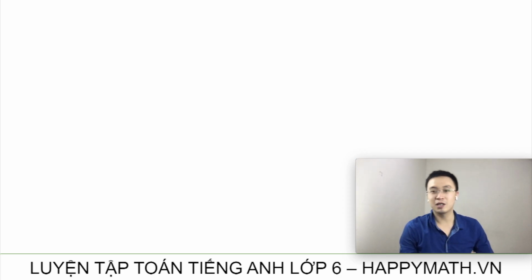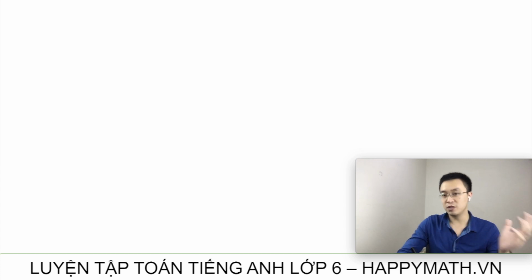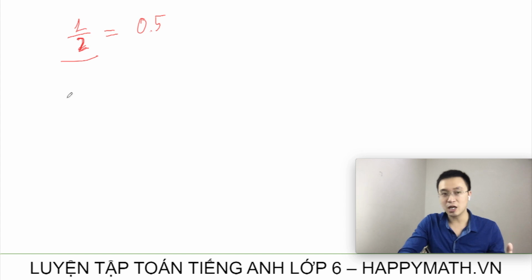In this video, we will learn about the percentage from the fraction. In the previous video we learned about the fraction, and sometimes you have a fraction like this. When we change this fraction to a decimal number, you have 0.5. On the left hand side, we call that a fraction.